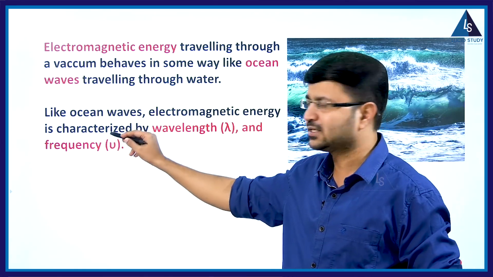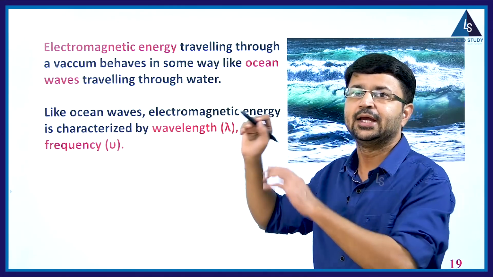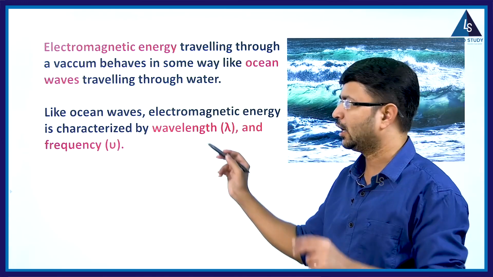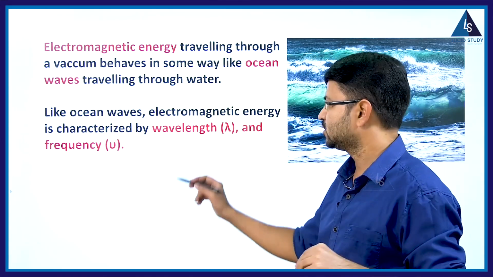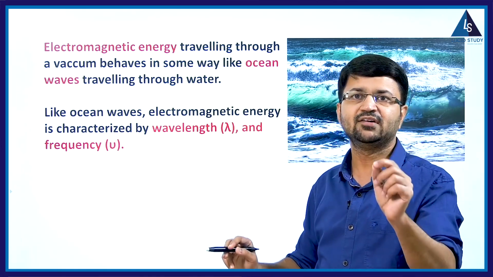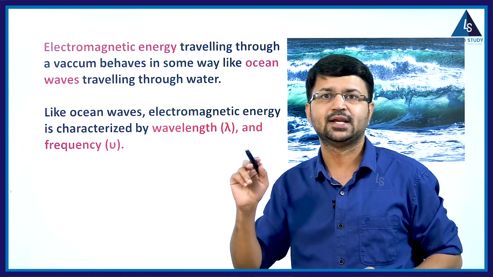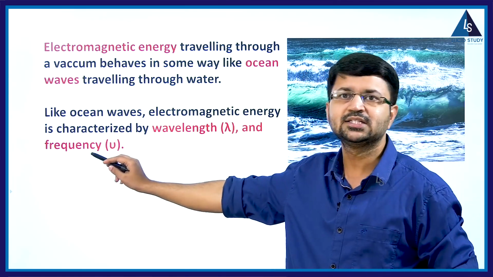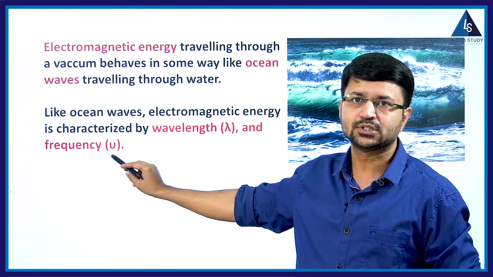Like the ocean waves, electromagnetic energy is characterized by two characteristic things. The first one is the wavelength. Wavelength is symbolized by lambda and frequency is symbolized by nu. So this is the nu symbol.